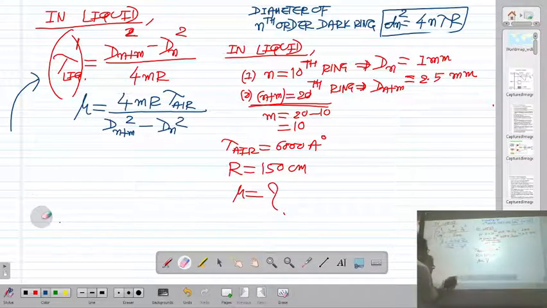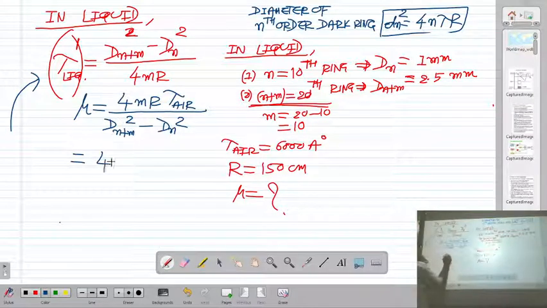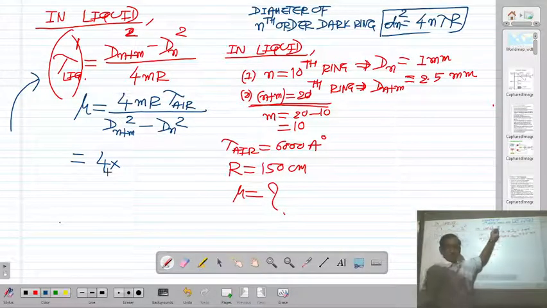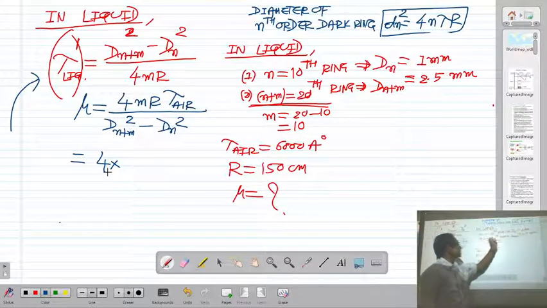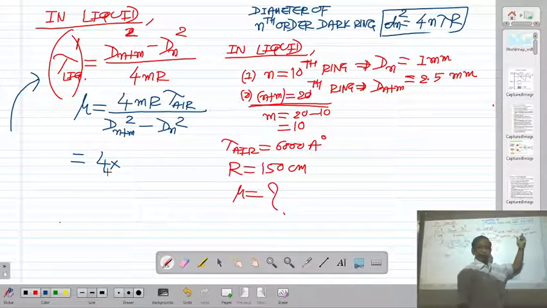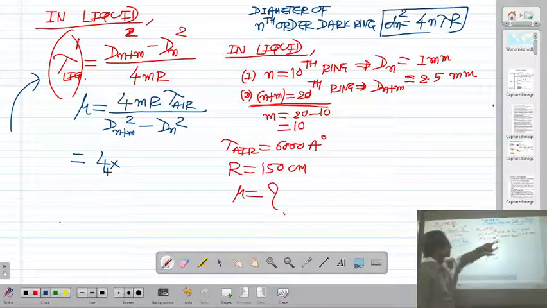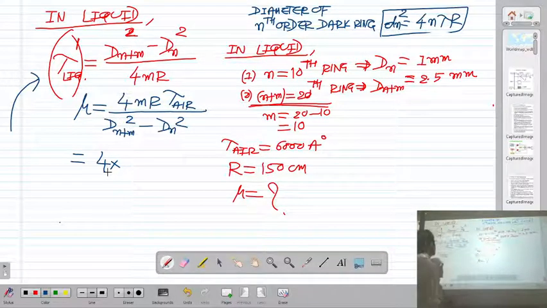Now you are given all the values. You are given two ring numbers. Diameter of the 10th dark ring, capital Dn, is 1 mm. Diameter of the n plus 20th dark ring in liquid, D(n+m), is 2.5 mm. So the difference of ring numbers is 20 minus 10, that is 10. So m is 10.